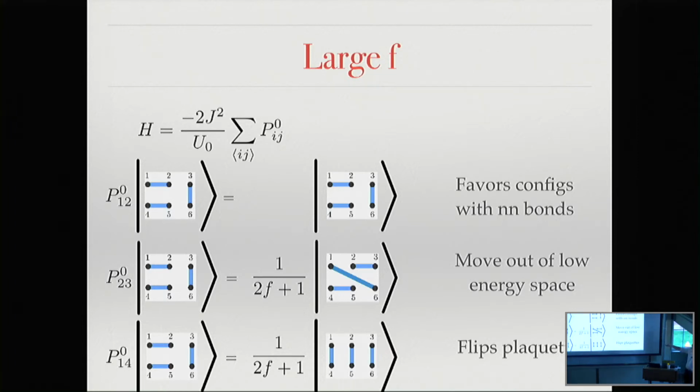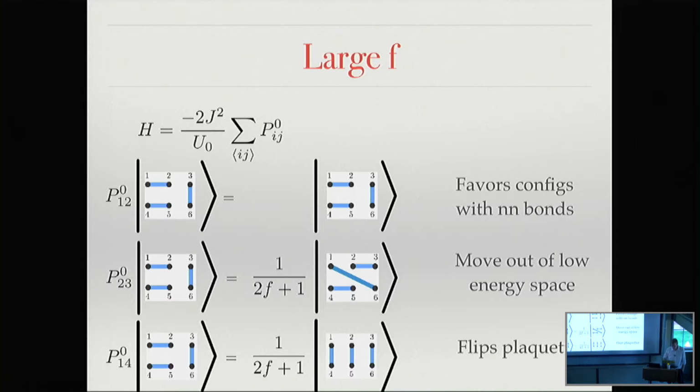Okay, so if I think about a large f limit, as I said, we're going to have a low energy space defined by making these diagonal terms large, which is just the nearest neighbor singlet space. Then we're going to have terms which move us out of this low energy space. If f is large enough, we can neglect these or take them into account in second order perturbation theory. And then we have terms which move us around in this low energy space. These moves are just flipping plaquettes.